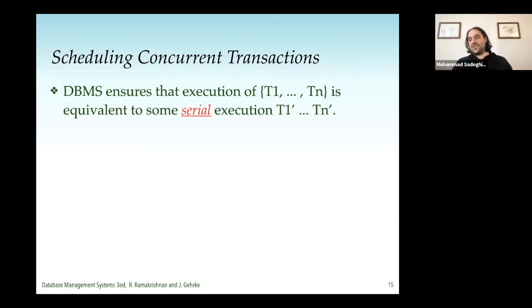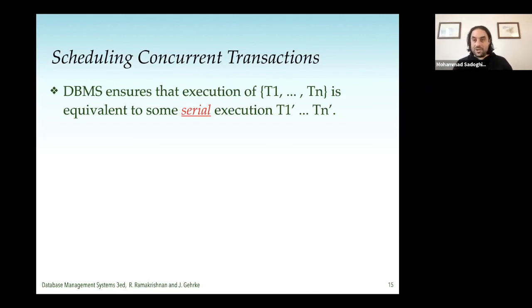But the idea is that if I do some interleaving of operations, and at the end I can say this interleaving corresponds to some serial execution, as long as one schedule maps to some serial schedule, it doesn't matter what it is: 1, 2, 3, 4, 3, 2, 4, 3, 2, 1, 2, 3, 1, 4, doesn't matter. As long as I can say it looks like one of those, then I say the execution is correct.